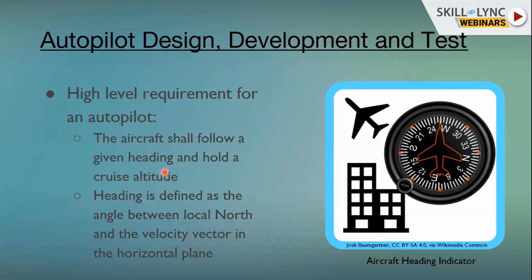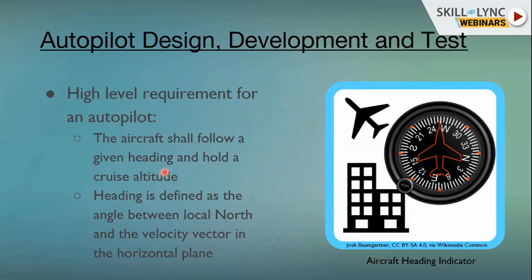Any design would need requirements. We are all familiar with requirements, right? A very high level requirement for an autopilot would be something like: the aircraft shall follow a given heading and hold a cruise altitude. When aircraft are flying from point A to point B, the air traffic controller gives them a heading and altitude.